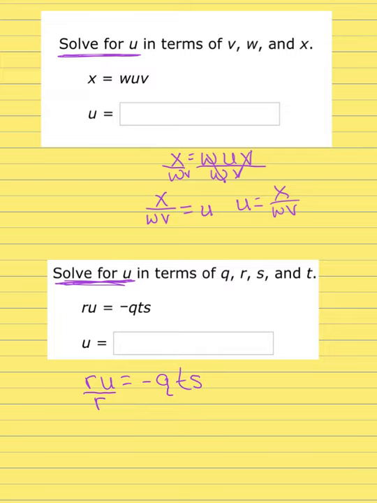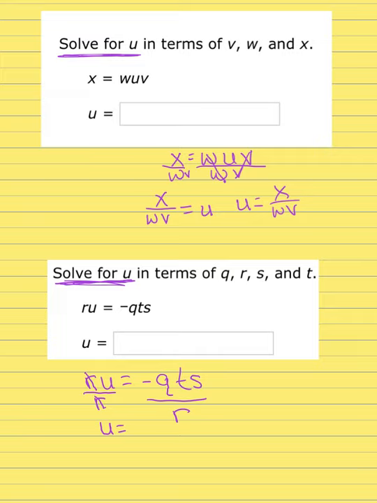And what I do to one side, I got to do to the other side, right? So I've got r u divided by r. So 1r divided by 1r is 1. So we get rid of the r's. That leaves me u equals. Well, can I do anything over there? None of those are like terms.